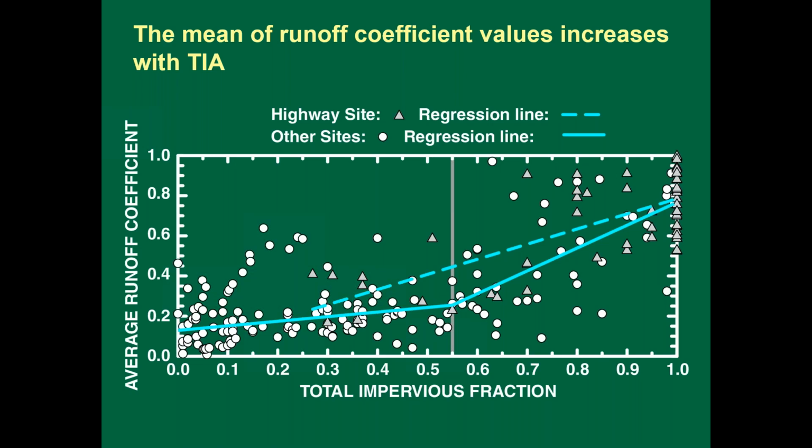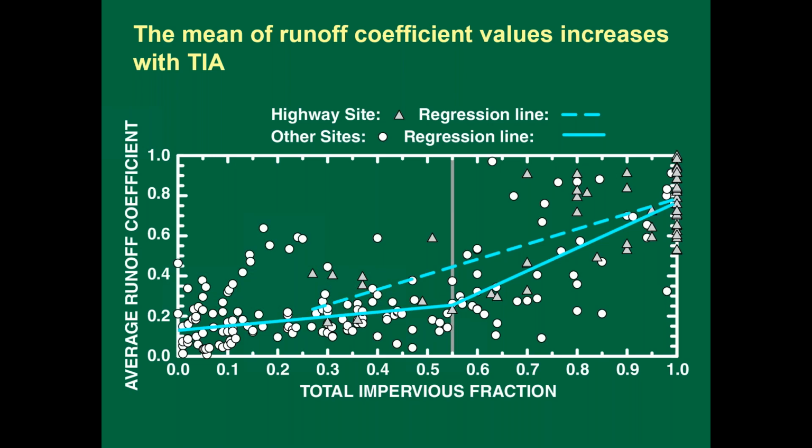The two solid blue lines are the two-segment regression model developed for estimating runoff coefficients at non-highway sites, which are shown as the white circles. The non-highway regression equations were developed with data from 167 sites across the country, with 9 or more storm events that had drainage areas ranging from 0.005 to 93.5 square miles and total impervious fractions from 0.001 to 0.994.